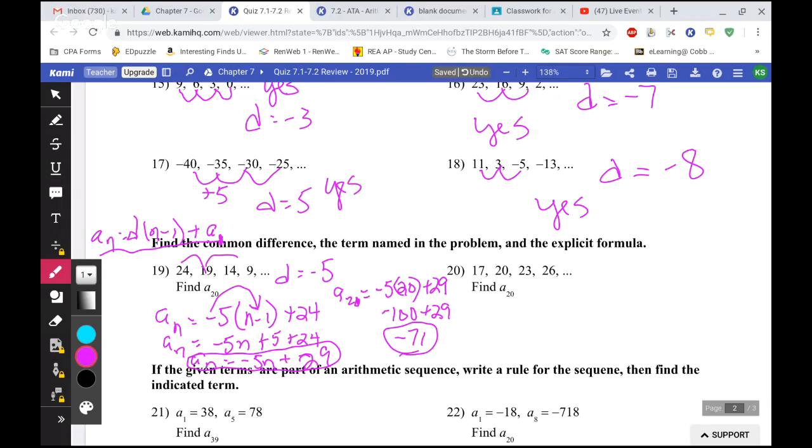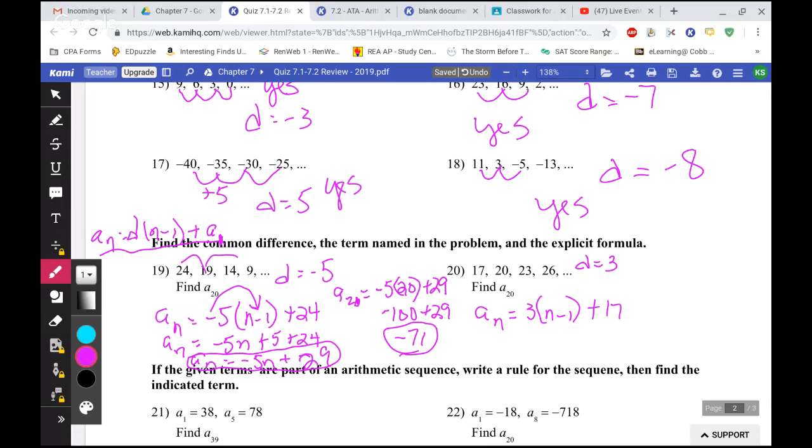Cool. So let me try number 20 real quick. So we're going to do, it's going up by 3. So D equals positive 3. So then you're going to take A sub N equals 3 times N minus 1. And then you're going to multiply that out and then plus 17.